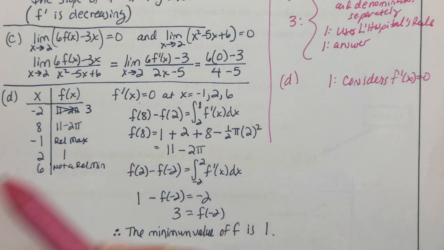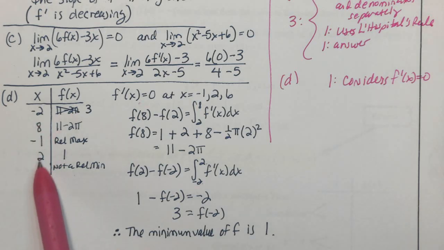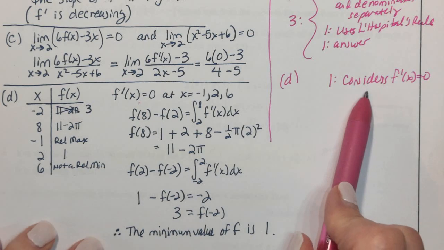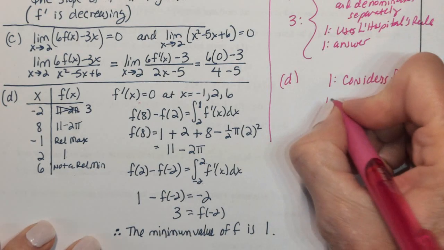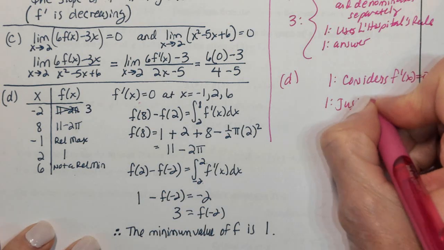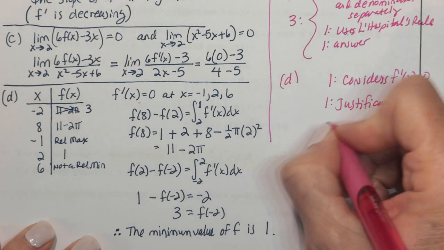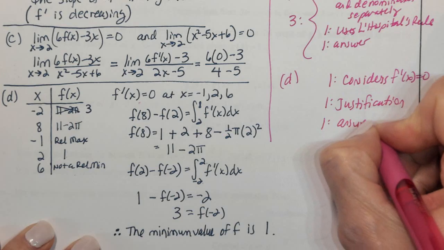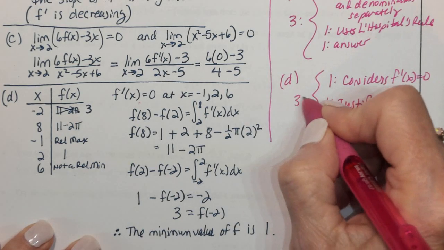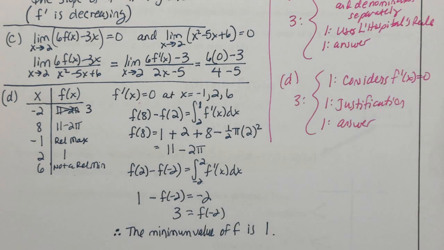What you're doing when you're completing an FRQ is you are communicating your process. And if you just slap some numbers down here without saying why, you will never earn full credit. Okay? So say what you did. Say why you're doing it. 1 point was for the justification. 1 point was for the answer. 3 points total. Okay, several for you to practice on.